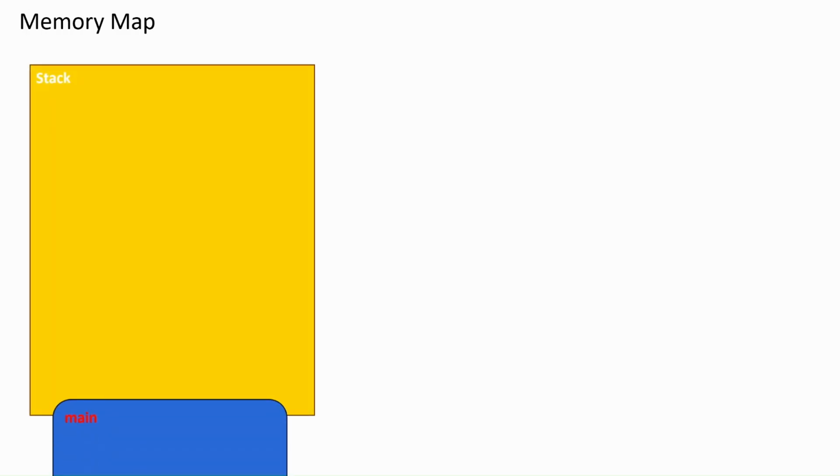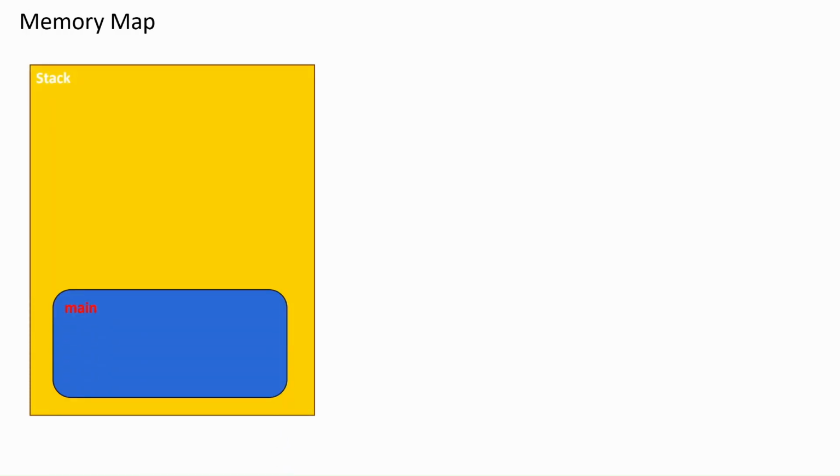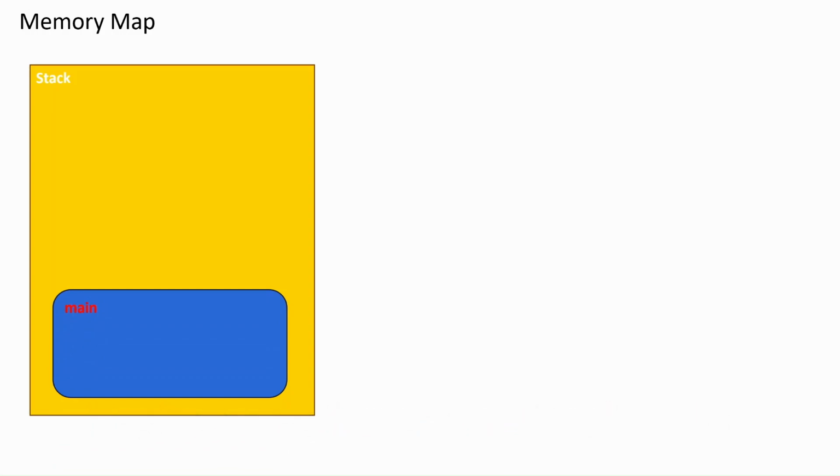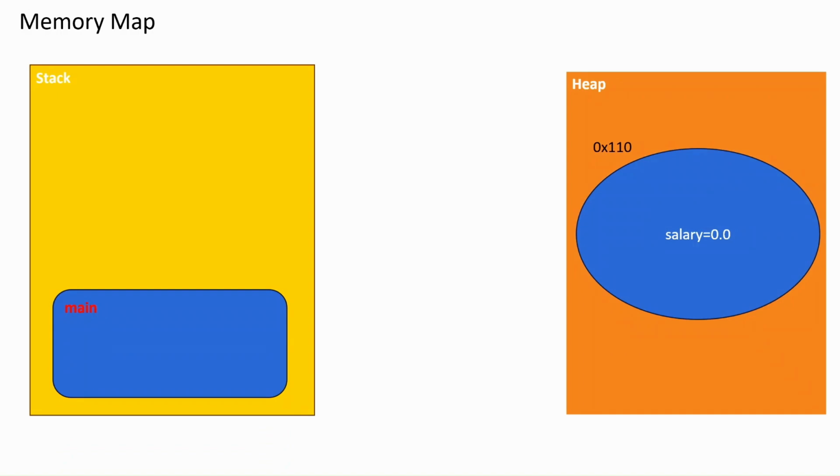Initially, the Java virtual machine invokes the main method. So in the stack memory, the main method stack is created. Then the control goes to employee is equal to new Employee. So memory for the class Employee will be allocated in the heap. Here I have given a random memory address as 0x110.